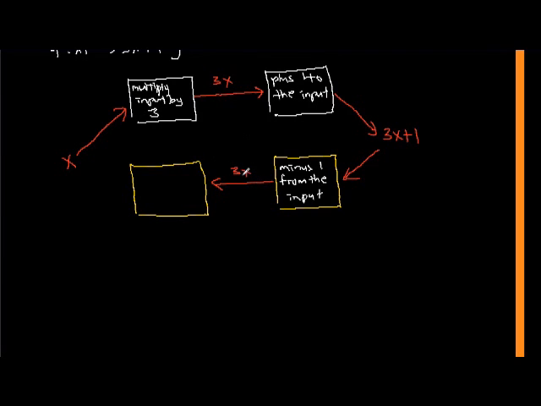And 3x now becomes the new input to the second machine. The second machine in the inverse process is the inverse of the first machine just now. So it can be described as divide input by 3. 3x divided by 3, as the result we get x.